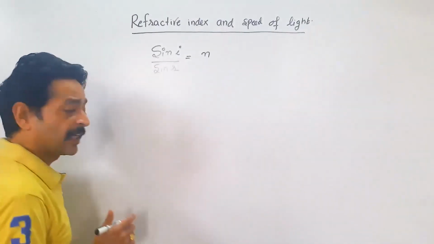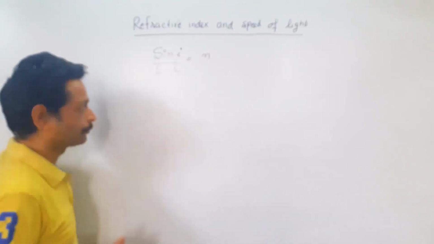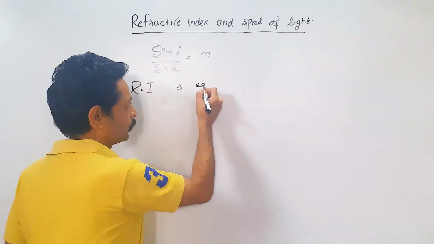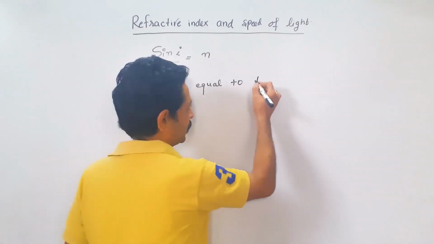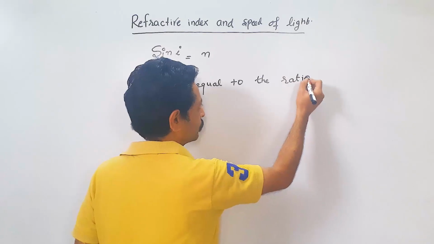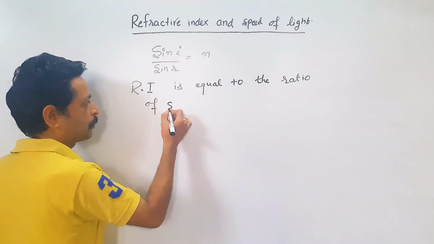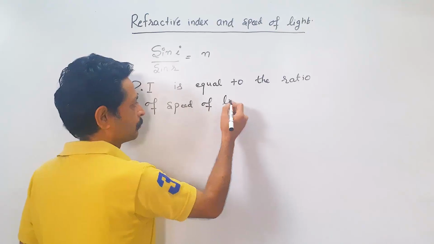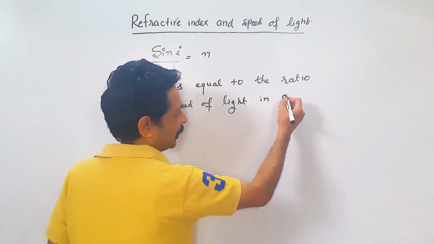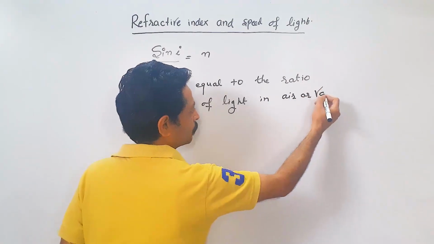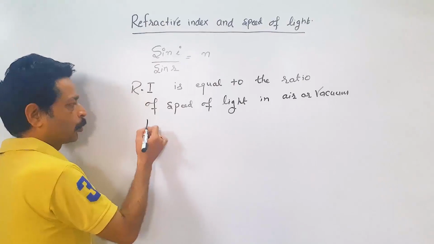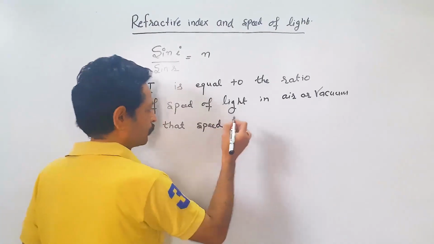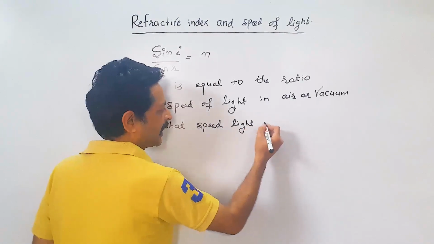We can define refractive index as the ratio of speed of light in air or vacuum to that of speed of light in that medium.